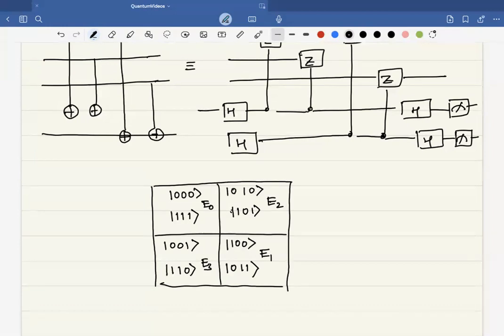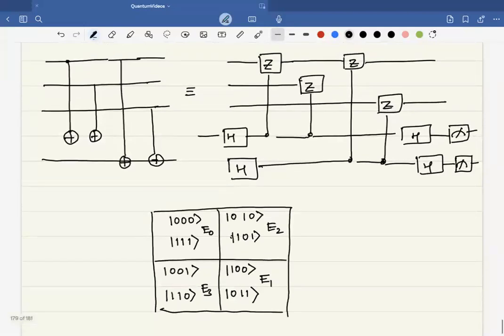Now, the equivalence of this syndrome detection circuit is that Z1, Z2, which is the Z operator on the first qubit, which is this one, and Z2, which is the Z operator on the second qubit, acts as a measurement operator on this space. And again, Z1, Z3, which is this and this, also acts as a measurement operator. And what measurements do you get?